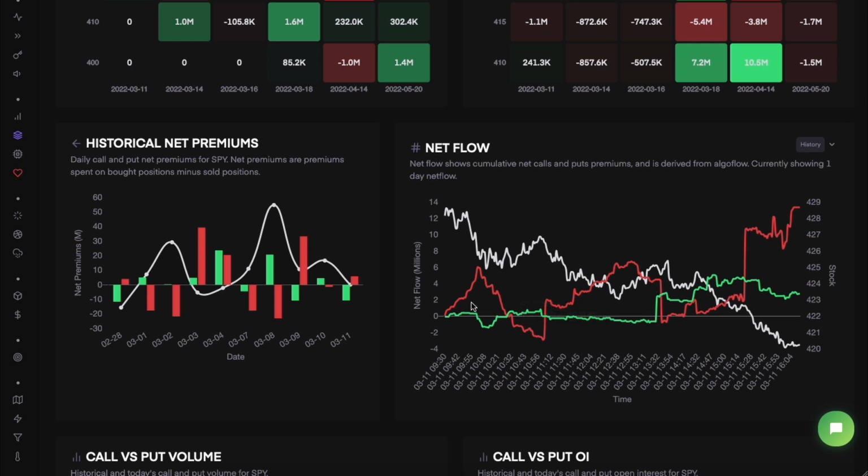And remember, it's a cumulative value, so any new value just gets added to the previous one, and we draw it like that. When puts are being sold, that's a bullish sentiment. When calls are being bought and puts are being sold, both of those are bullish, and the remaining two are bearish. So this is a bullish sentiment, and you can see that price actually went up a little bit.